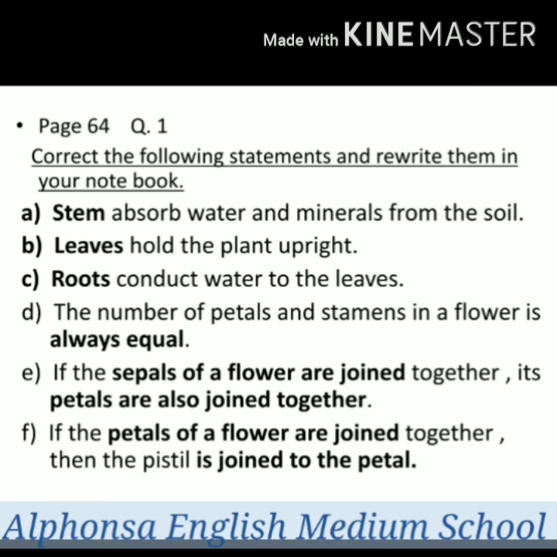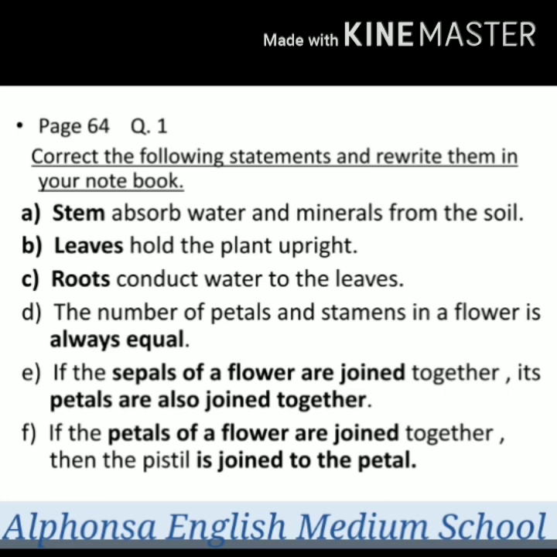You have to write the first question. A. Stem absorbs water and minerals from the soil. You have to write the sentence first. Below that, is that statement correct? No. Stem is not absorbing water and minerals from the soil. So what is the correct statement? Yes, it is the roots that absorb water and minerals from the soil.